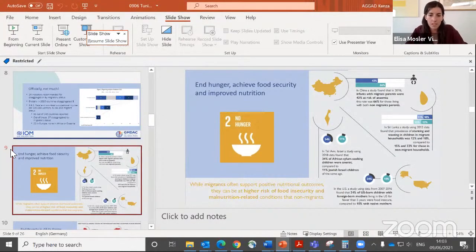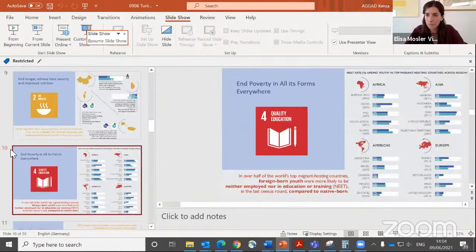There are more details in the research that I'm happy to share after this session, but it's an interesting example where we can see that if we disaggregate by a person's parents' country of birth to see whether they're a first or second generation migrant, we get very interesting information, which is crucial for policymakers in order to create evidence-based policy, in this case, for example, on nutrition. Next slide, please.